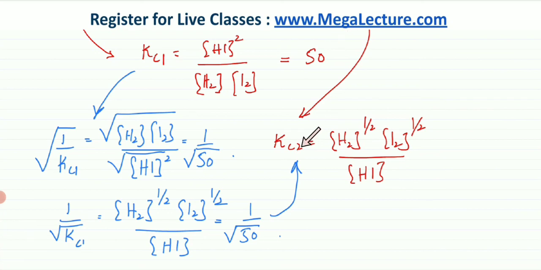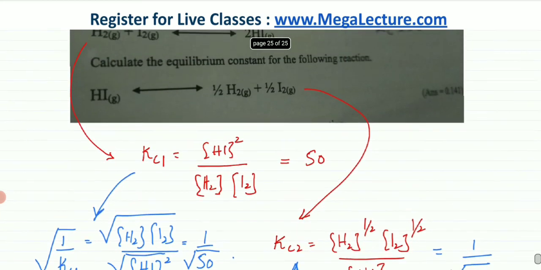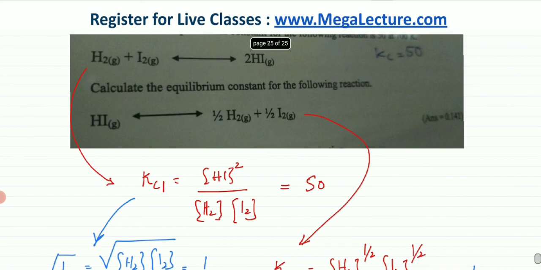So basically my Kc2 value is 1 over 50 under root. And the reason I can do that is that both of these equations are exactly the same equations, which means that the concentrations are going to be exactly the same. The only thing is that the expressions for the two reactions are coming out to be different.